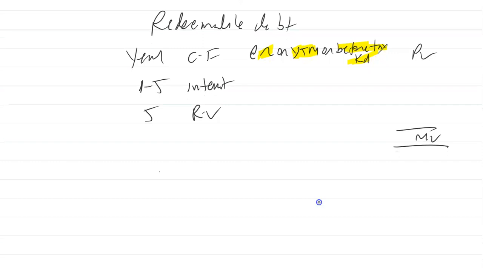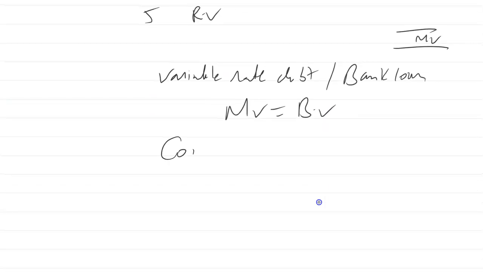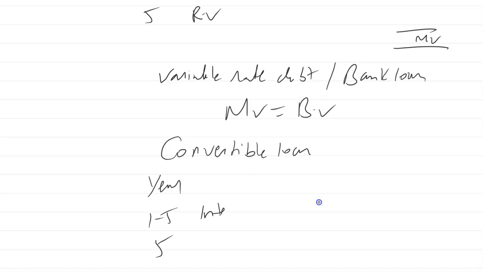Okay, for variable rate debt or for bank loan, market value is equal to book value. For convertible loan, we will use exactly the same process, right?